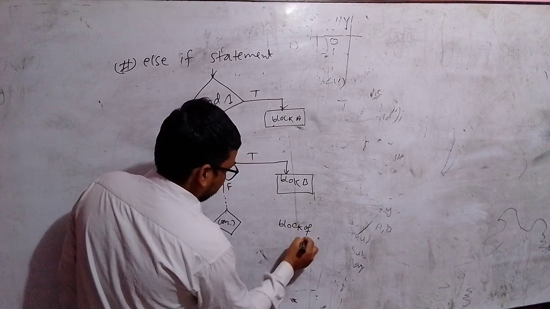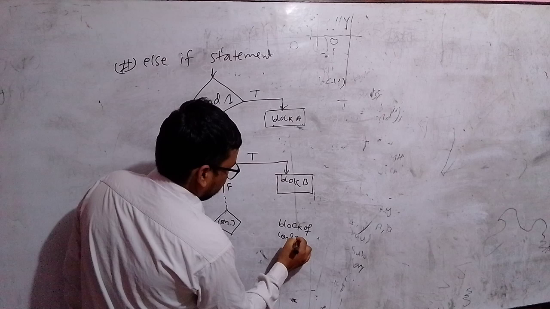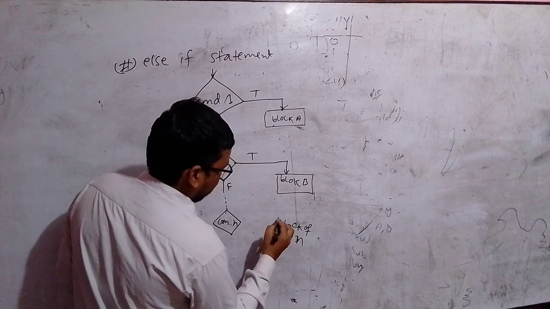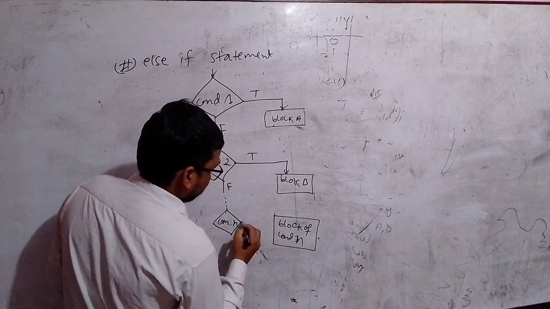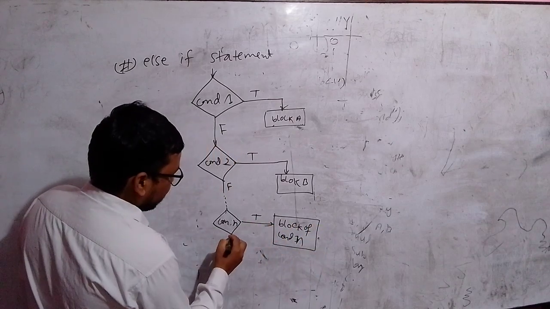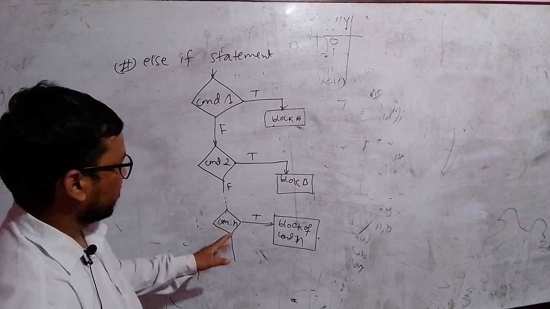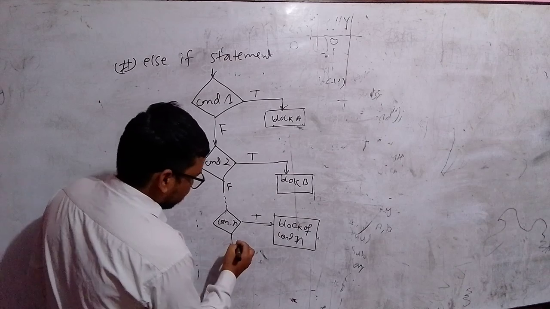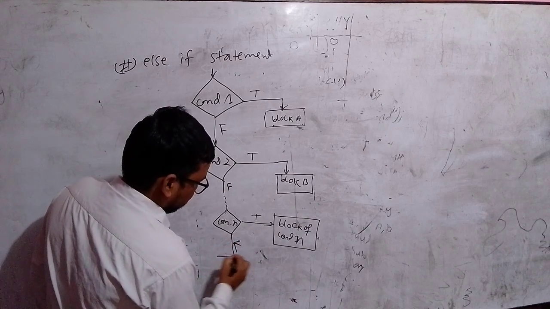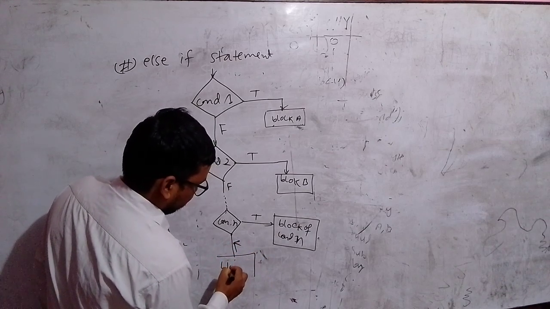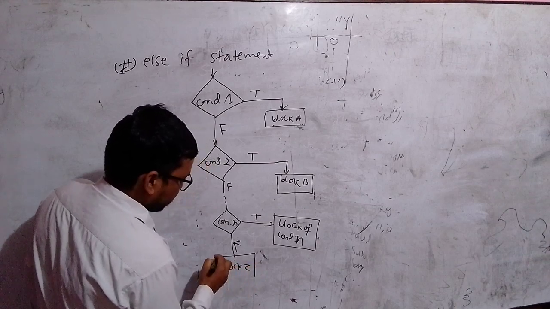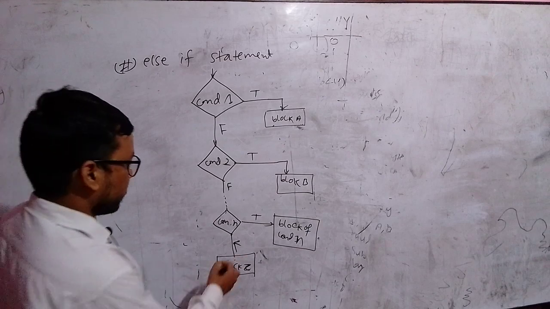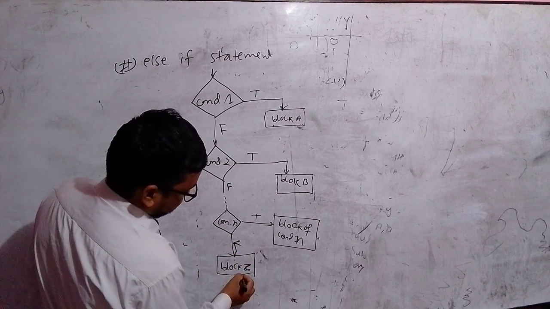The block of condition n will be executed if it gives true, and otherwise false. Suppose we have finished the if statements, then the last term is false: block Z. Block Z means the block of the else statement will be executed.